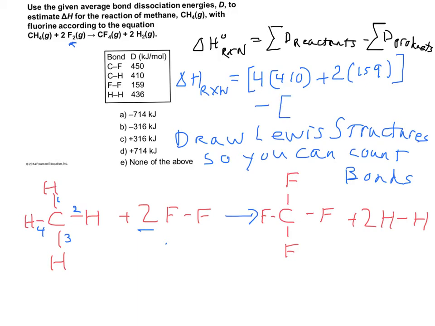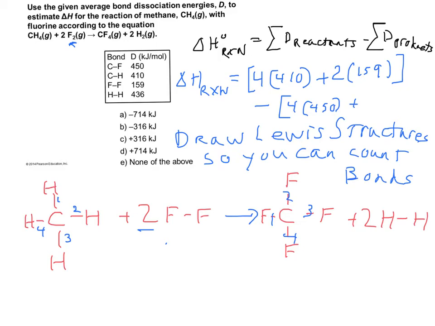We look at our products, and once again we see there was a potential to be fooled. Because if we look here, it looks like there's 1 carbon-fluorine bond. In reality, there's 1, 2, 3, 4 carbon-fluorine bonds at 450 each.